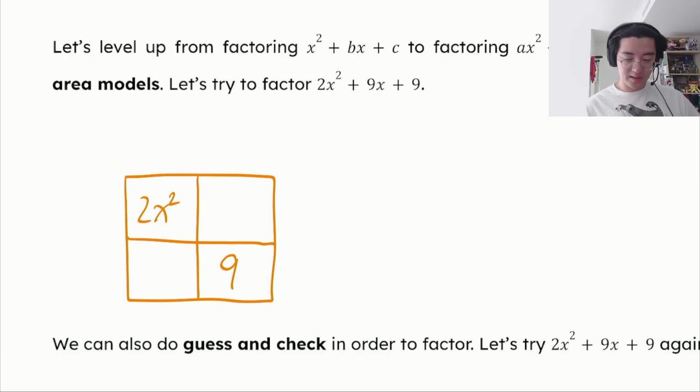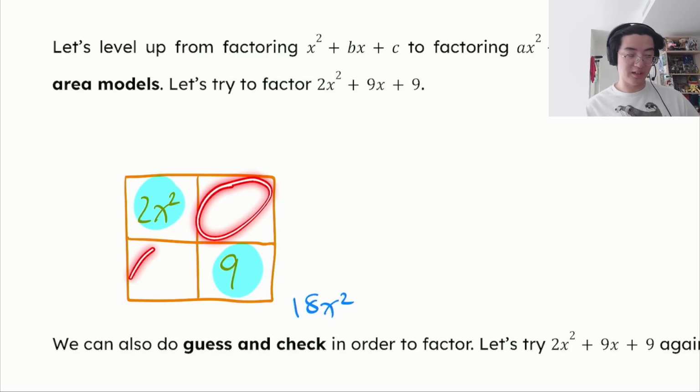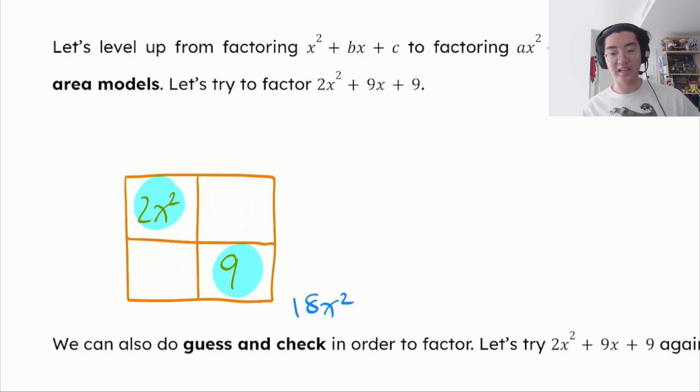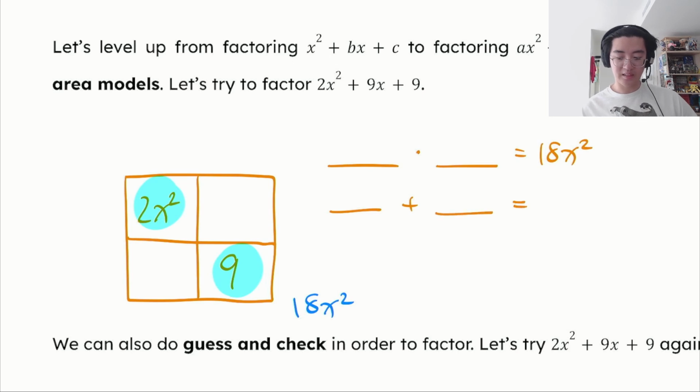Same as before, those two will multiply to 18x squared, which means that those two right here must also multiply to 18x squared. But they also must add to 9x. So once again, this times this is 18x squared, while this plus this is 9x. Here, that should be blue here.